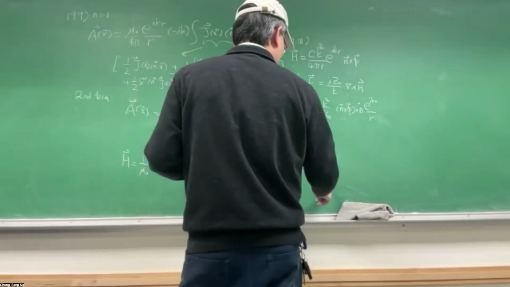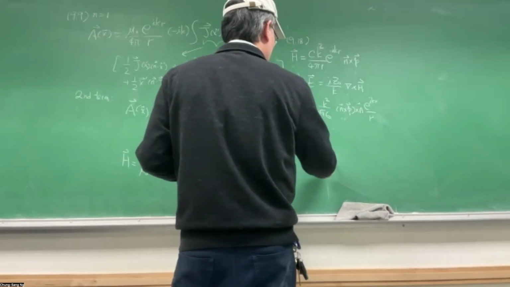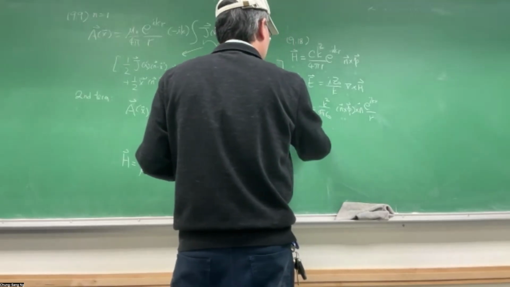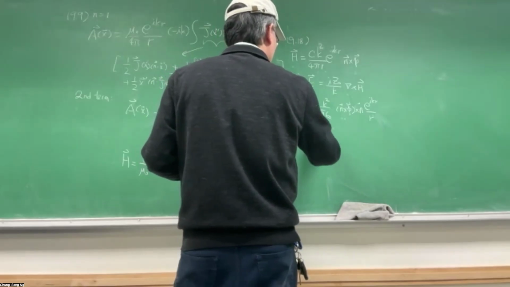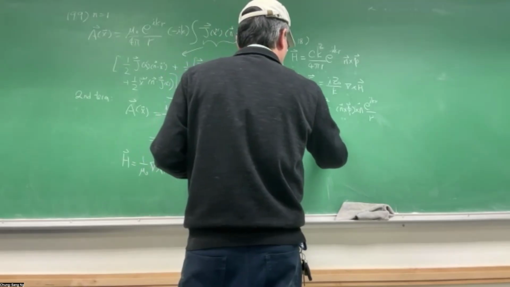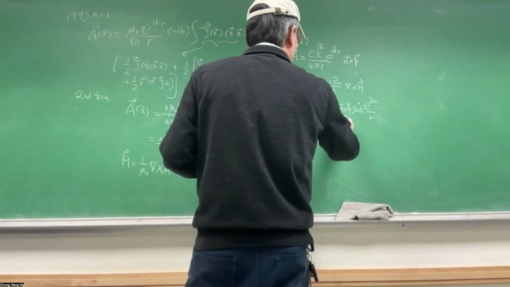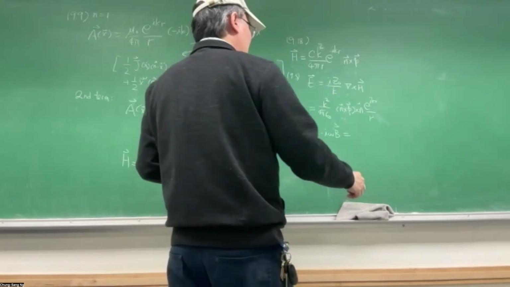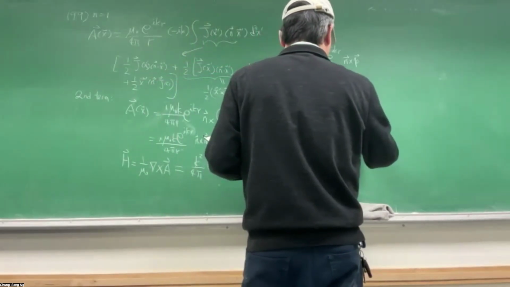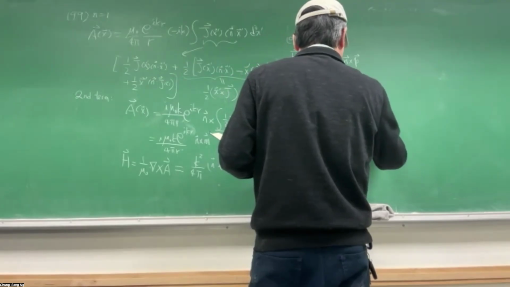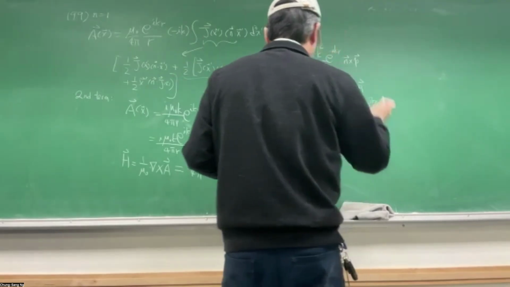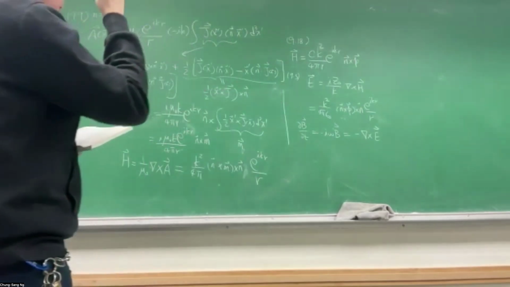But if you use Faraday's law, it's also okay. Faraday's law, you have partial B, partial t, which is minus i omega B. It's curl E, minus curl E, right?